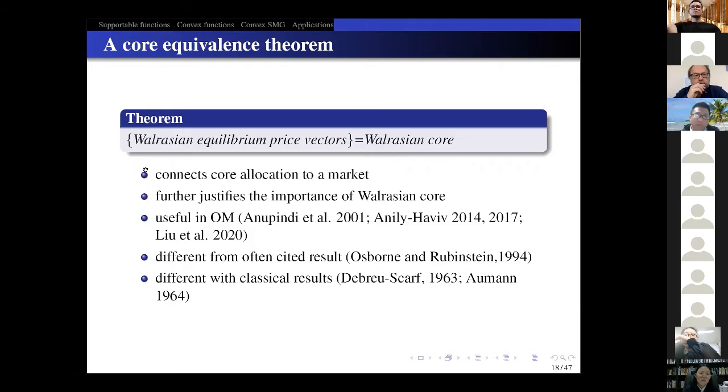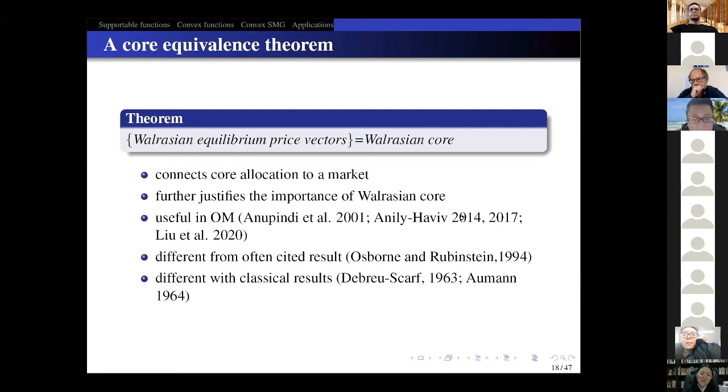And my second result is that the variance equilibrium plus vector set, that is, we put all the variance equilibrium plus vectors into this set, and we find that this set is precisely the variance core. This connects the core allocation to a market, and we may use this market or some kind of pseudo market to allocate the profit in a decentralized way, and this further justifies the importance of the variance core.